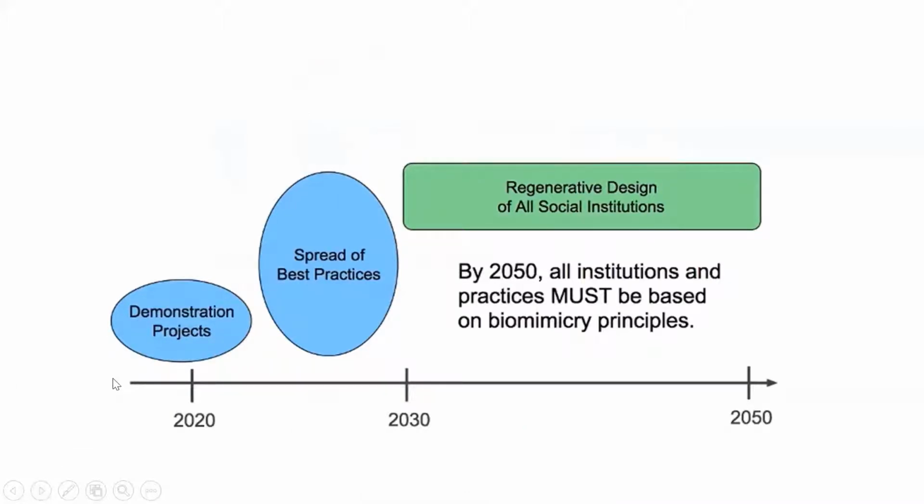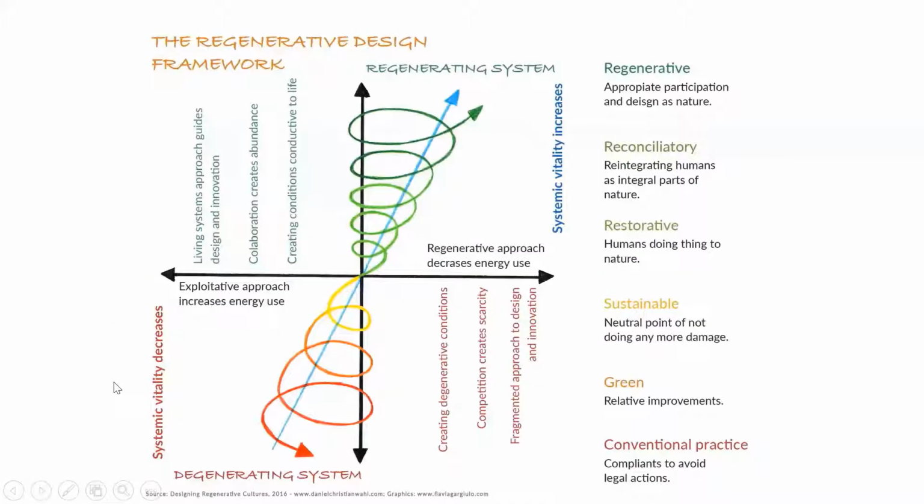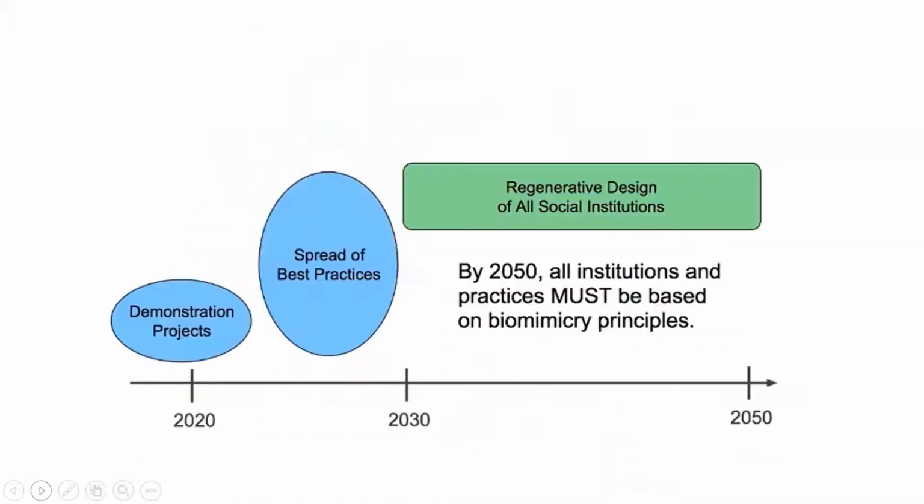Now, the concept of biomimicry, which is basically over here, we're at the top of the line over here to get to a regenerative state. Now, regenerative design of all social institutions means that by 2050, everything needs to be biomimicry based. And you are going to graduate from university at, 2030, let's say, and everything is going to be biomimicry based.